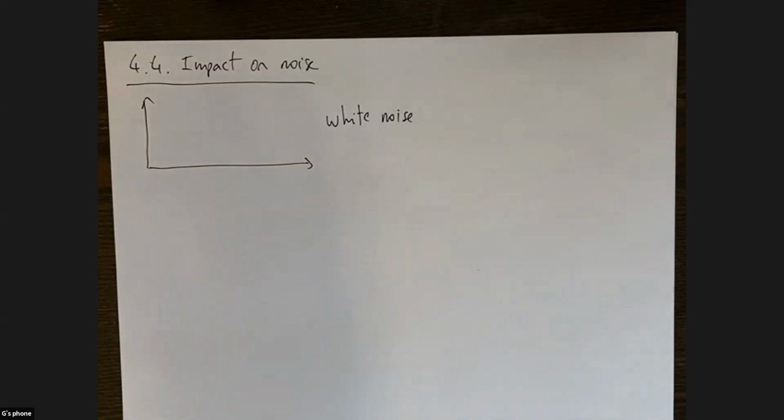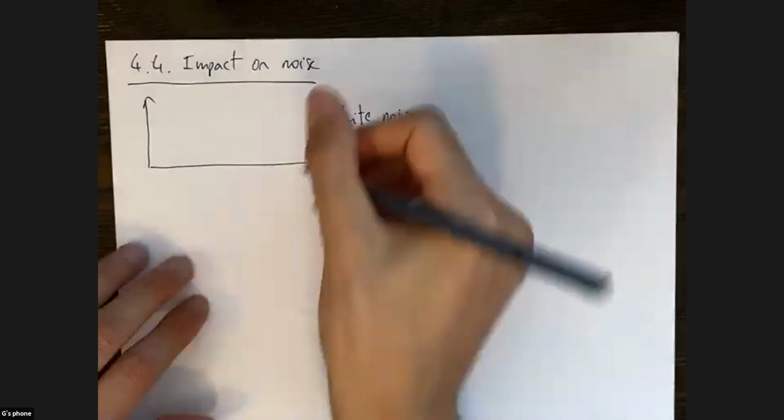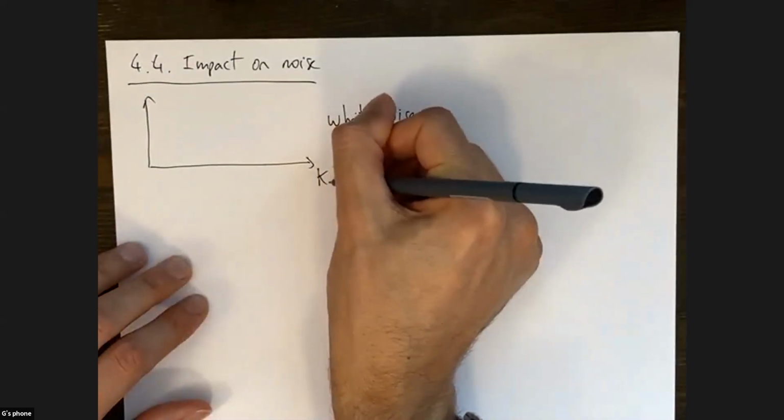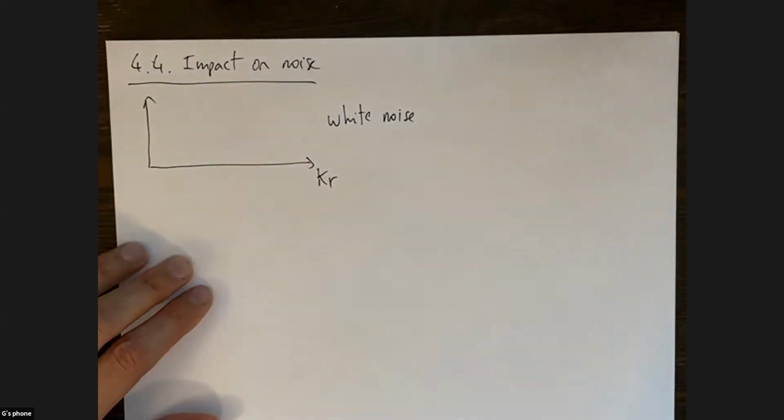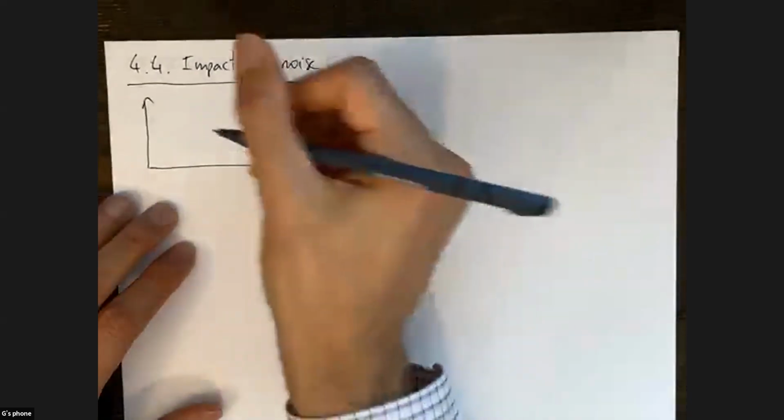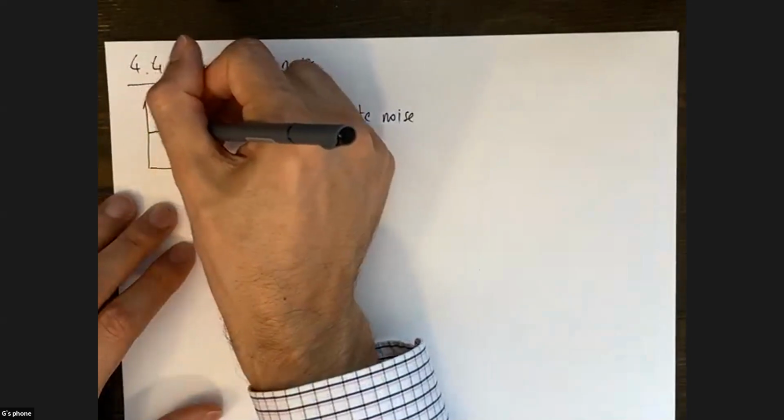The noise is truly random, a random quantity added to each pixel, with no relation between the noise in one pixel and any other pixel. When you have white noise, the frequency spectrum, if I plot it as a function of k_r, so this is a 2D spectrum of an image, has noise present in all the frequency bands of the spectrum.